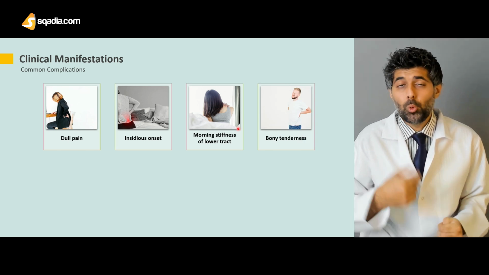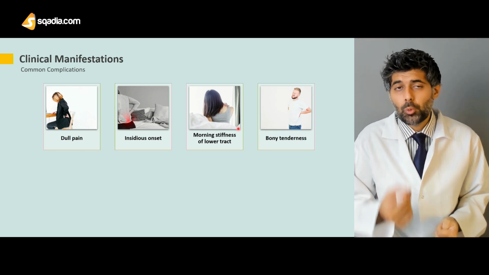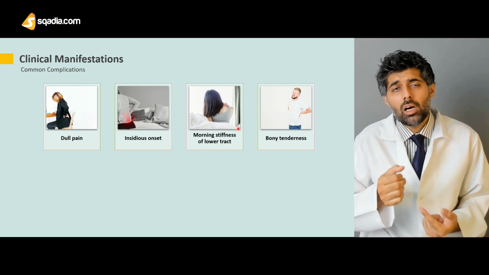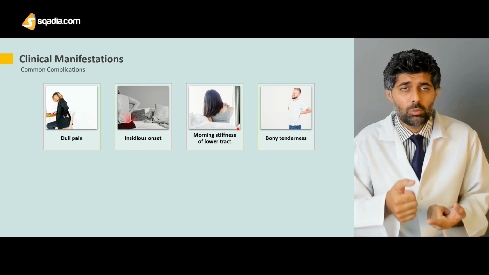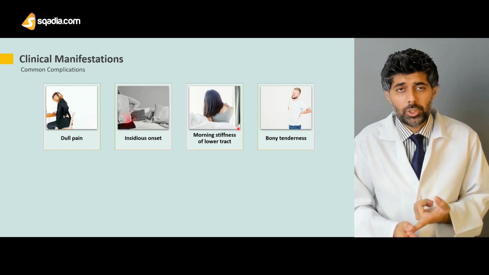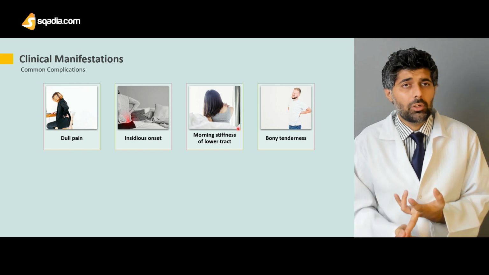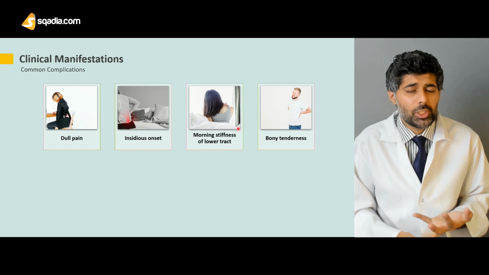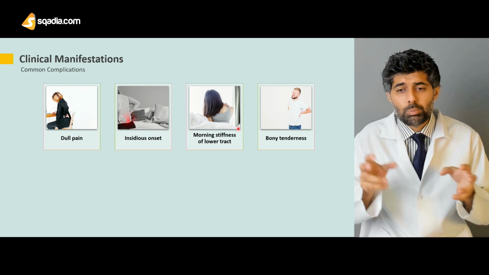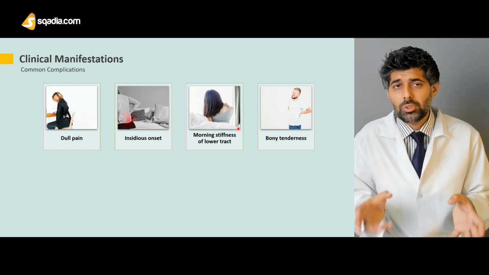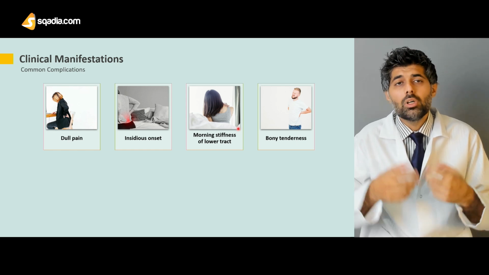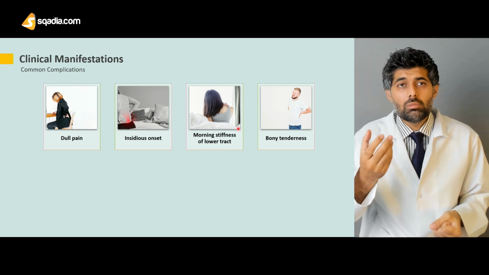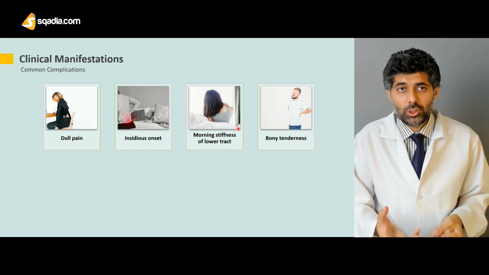We also get bony tenderness. This bony tenderness is usually found at the spinous processes of the vertebrae, at the greater trochanter of the femur, and at the tuberosity of the tibia. All of these bony areas or protuberances start to show tenderness, that is, they have pain when they are touched.